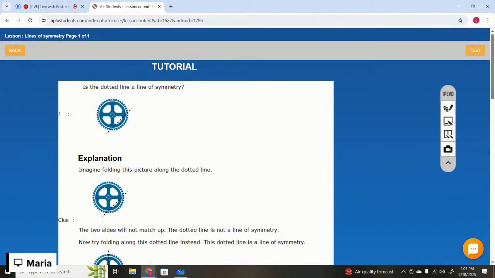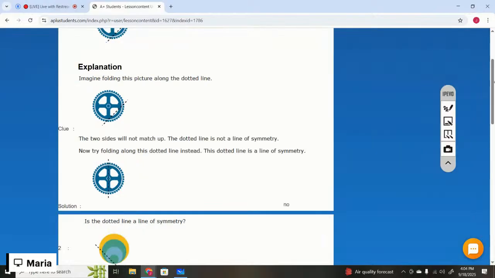Is the dotted line a line of symmetry? So imagine folding this picture along the dotted line.